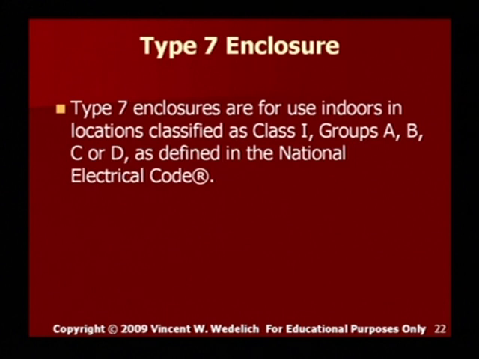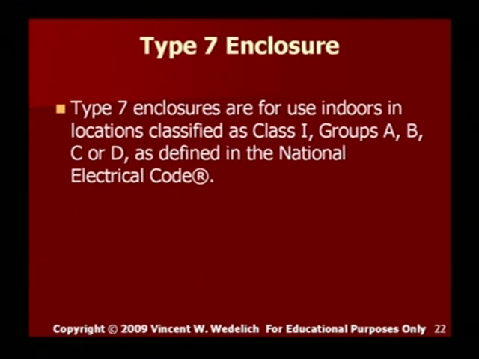And the only ones that are allowed to be outdoors are like Appleton has a type 7/4X. What that means is the enclosure is rated for the explosion, which we'll talk about later, and it's waterproof. It actually has a gasket around the inside of the enclosure so that it prevents water, and then it has a protective epoxy coating for corrosion resistance.